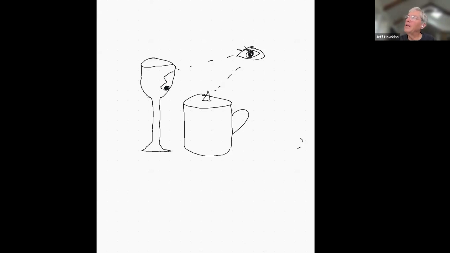It feels like some of these things could be addressed by having temporary memories of composite objects, and we think a lot of this happens in the hippocampus, in the hippocampal regions. If I'm recognizing the wine goblet here, and I jump over and recognize the coffee cup, I'm building up a composite object of the wine glass and the coffee cup.